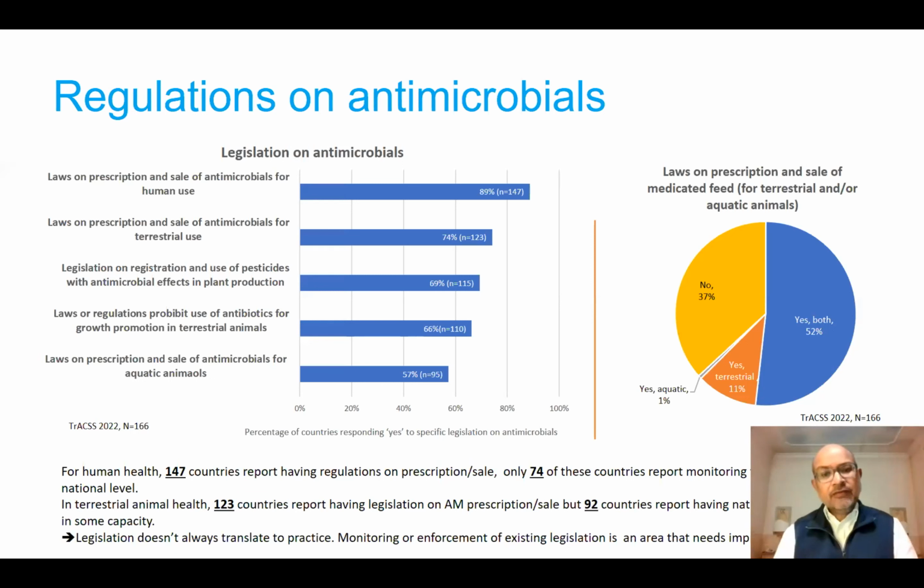This data is from the most recent annual TrACSS survey, the Tracking AMR Country Self-Assessment Survey, and we can see that a large proportion of countries are still in level A and level B from the graph on the left, which basically says that they do not have a system established as yet.